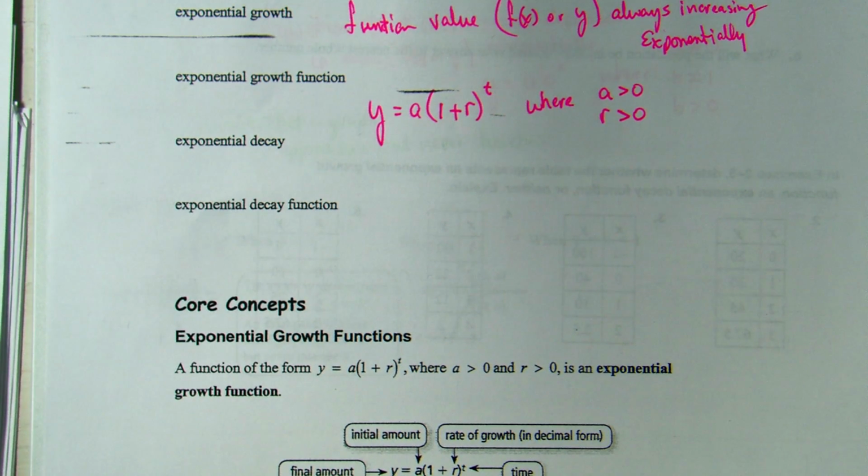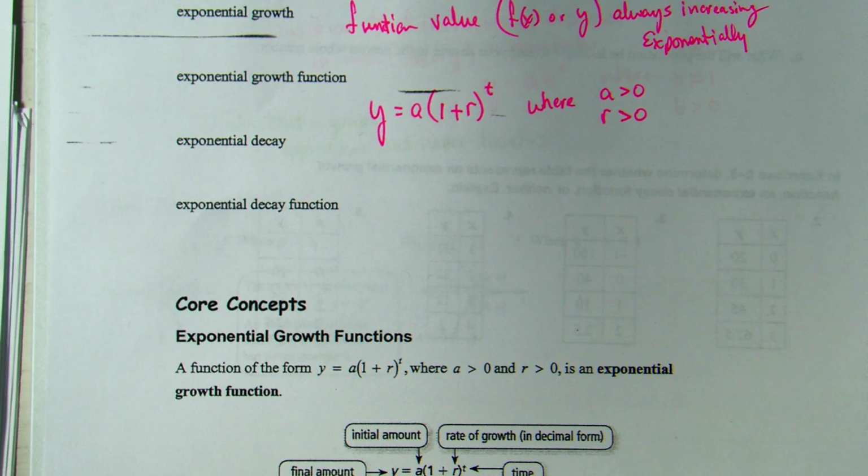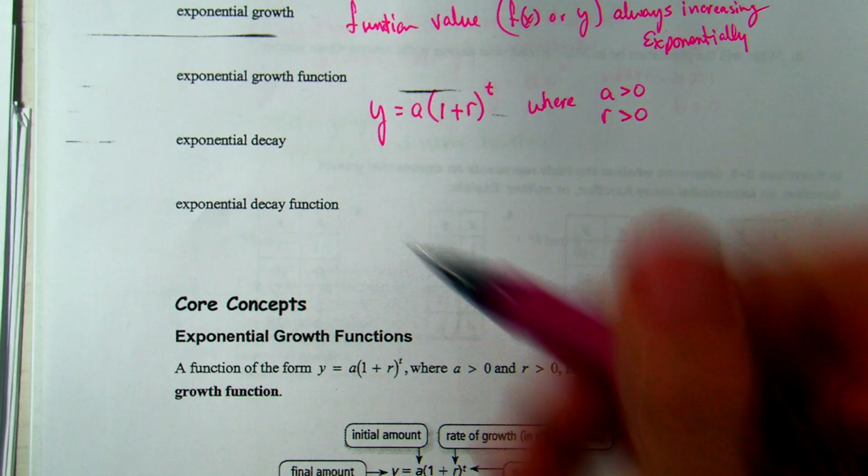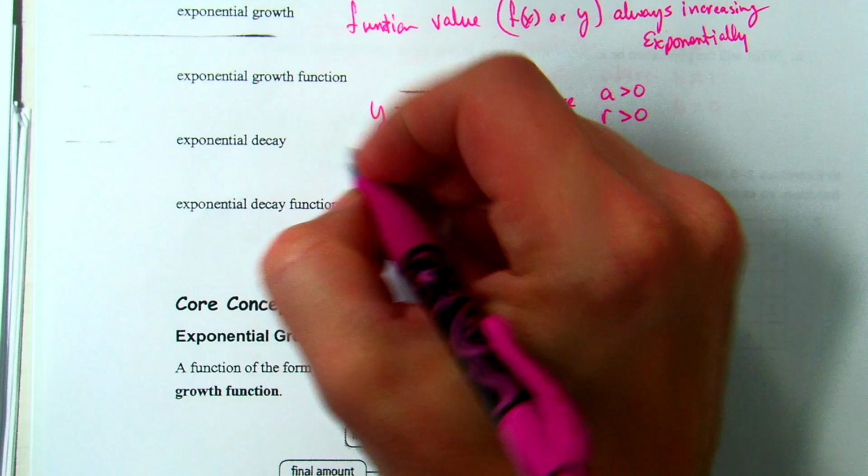Or maybe you have a business that is declining, and so your profits are declining exponentially. And obviously not at a steady rate, because then that would be a linear function, but they're declining drastically more and more each year. Okay, so exponential decay is just simply the opposite of this one here.